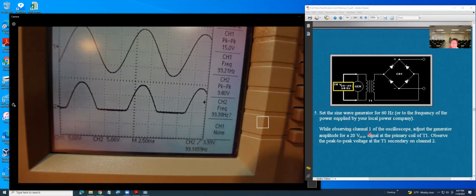Y options channel 1 on scope, adjust generator amplitude for a 20 volt signal at the primary. We already did that. The only thing I am changing here is that instead of 100 Hz before, now they want 60 Hz.